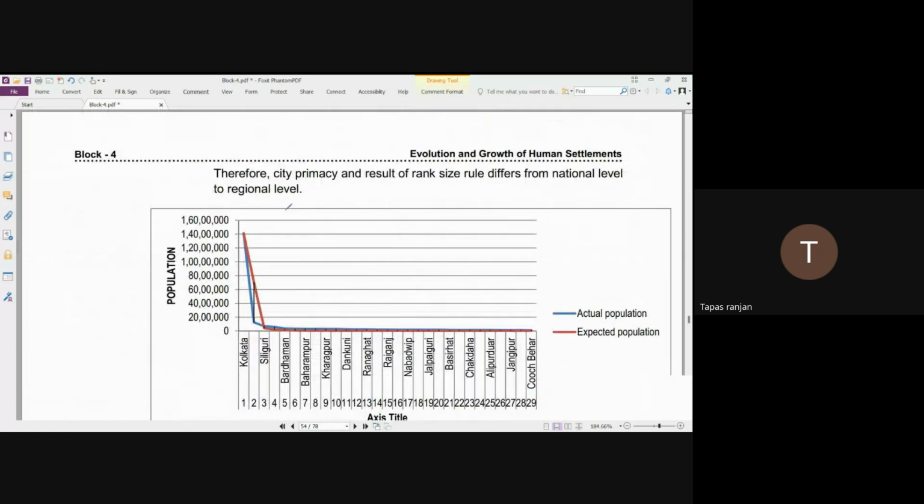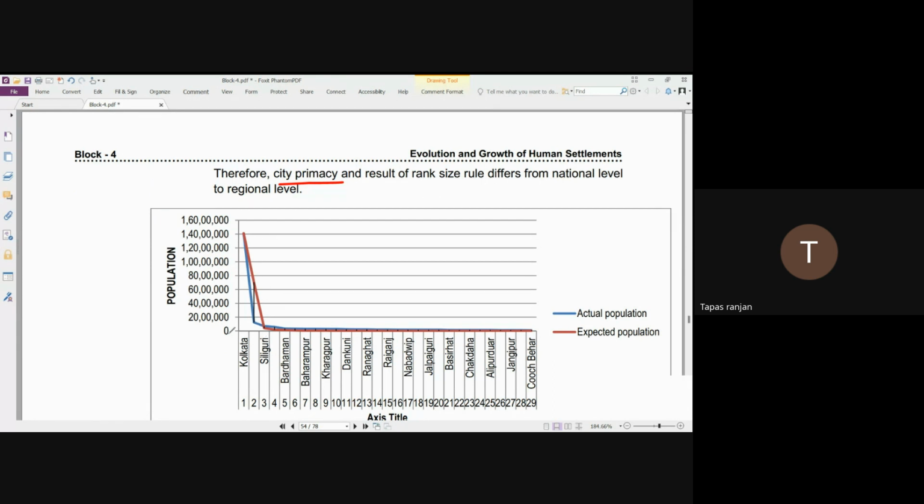And even here you can look into the city primacy. The primate city concept, it will be looking into Kolkata. Kolkata has been used as an example of the primate city concept in India.